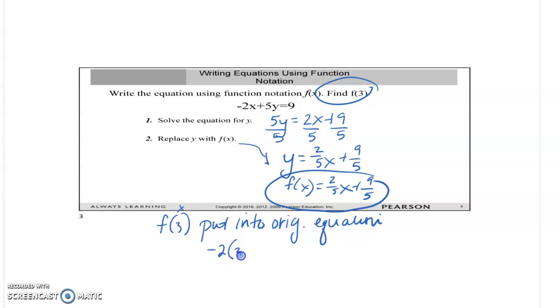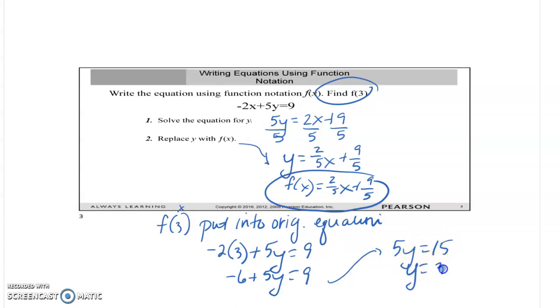Negative 2 times 3 plus 5y equals 9. Negative 6 plus 5y equals 9. Going to add 6 to both sides. 5y equals 15. Y equals 3. So my point would be x is 3, y is 3.